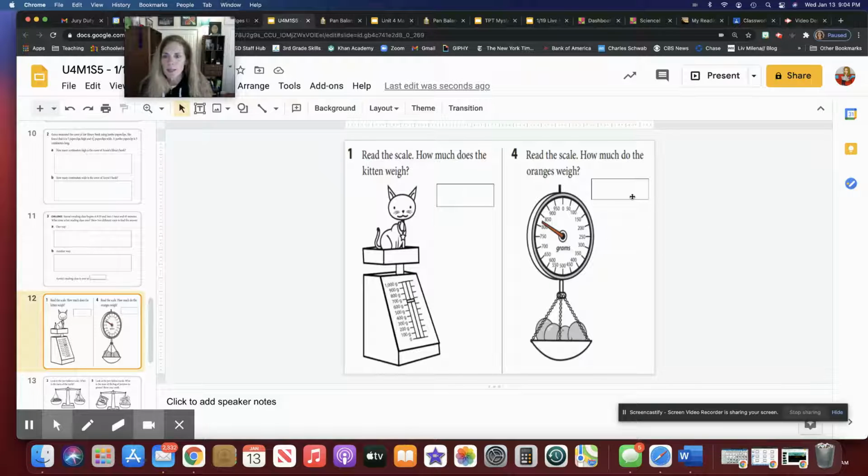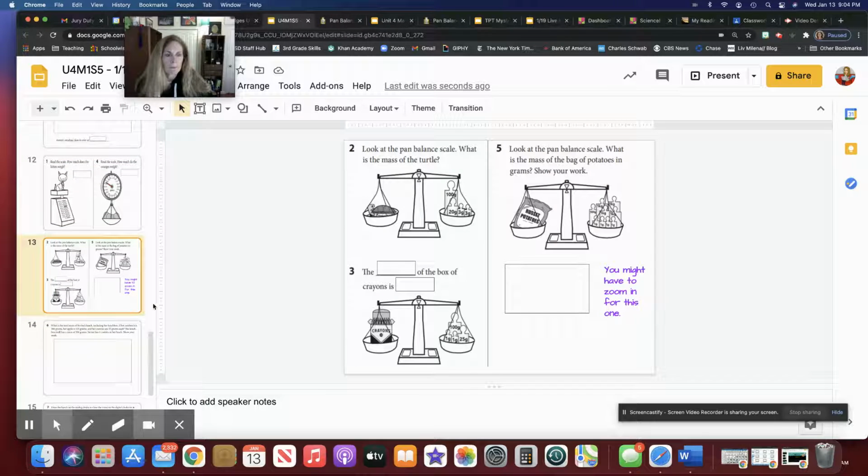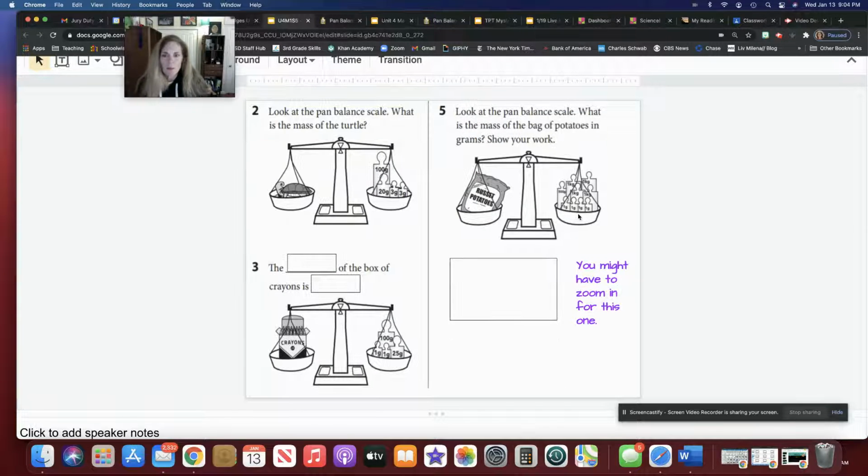You're going to write that here with a G, because that way I'll know that it's grams and not pounds or any other thing. You're going to keep going and count up how much each thing, the turtle, the crayons, and the russet potatoes weigh. You may have to zoom in on this one. It's a little bit hard to see.